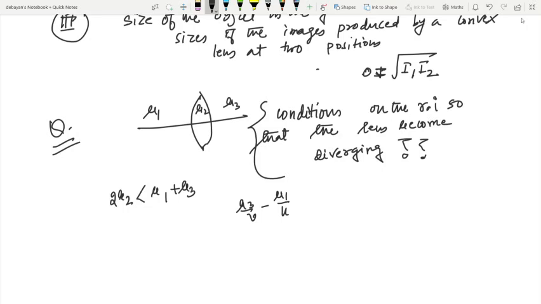So we get mu3 by v minus (mu2 minus mu1) by r minus (mu3 minus mu2) by r is less than 0, and since the nature is diverging, v is less than 0. From that we get mu2 minus mu1 should be less than or equal to mu3 minus mu2. So 2 mu2 is less than mu1 plus mu3. That is the answer.